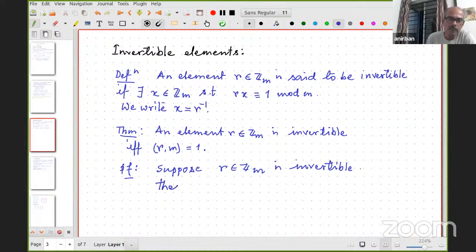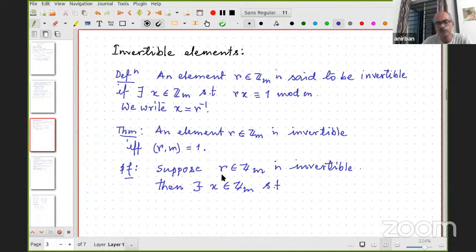Then there exists an x in Zm such that, here one thing we are doing is identifying an equivalence class and its representative. Equivalence classes are all represented by integers and we are identifying them.